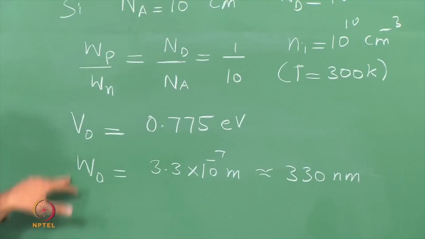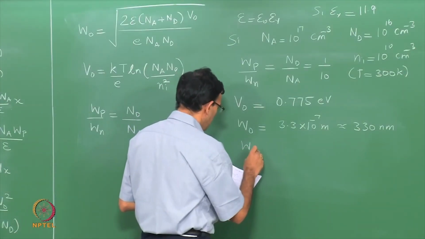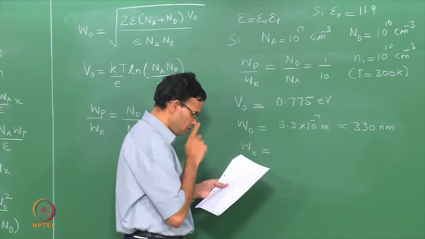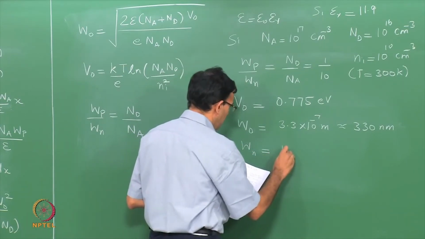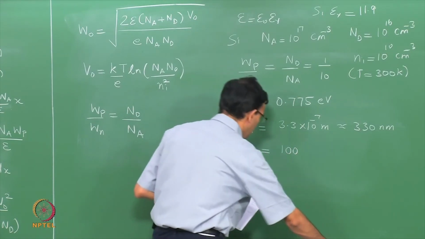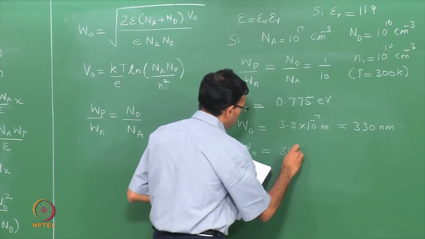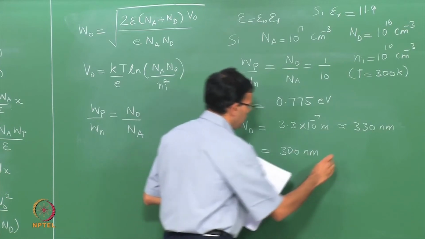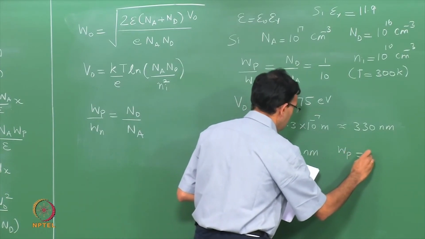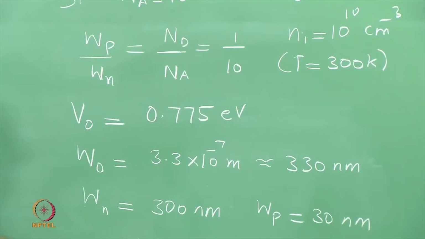You can also calculate the individual widths by using the ratio. If we do that, we get Wn to be around 300 nanometers and Wp to be 30, so that this ratio of 1 over 10 is maintained.